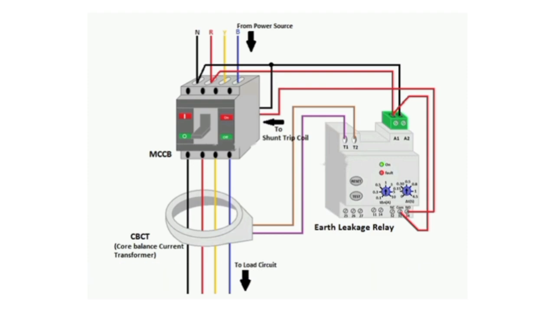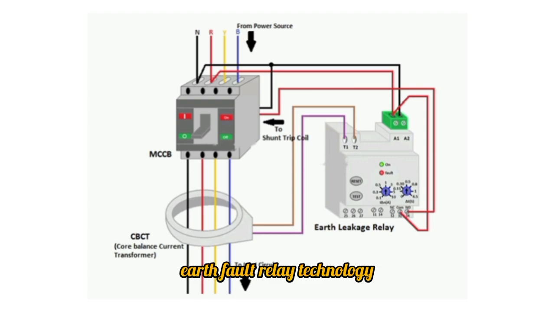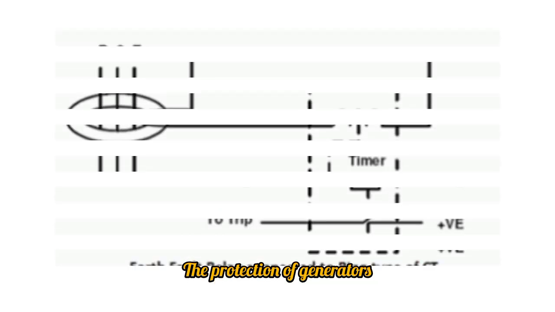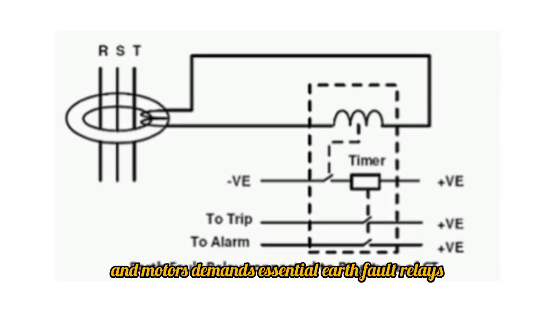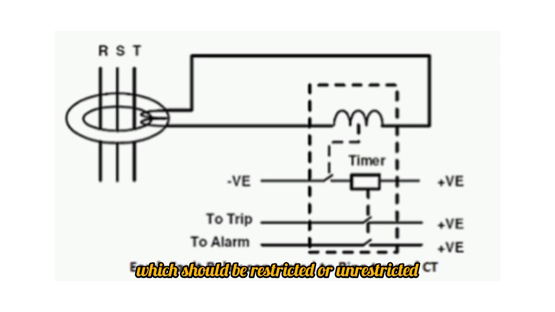Industrial, commercial, and utility infrastructures widely implement earth fault relay technology. These include step unit relays that safeguard transformers, feeders, and bus bars within distribution power systems. The protection of generators and motors demands essential earth fault relays, which should be restricted or unrestricted.